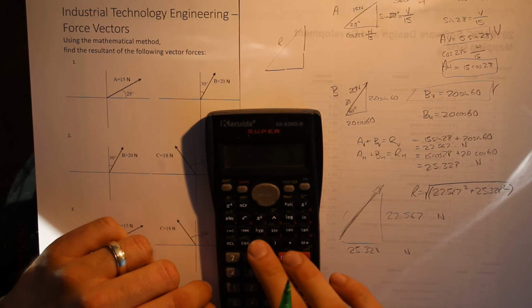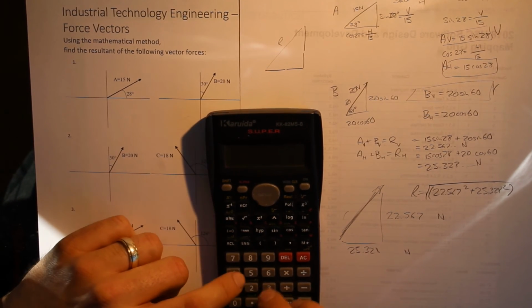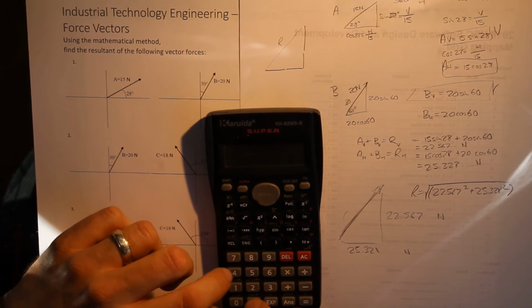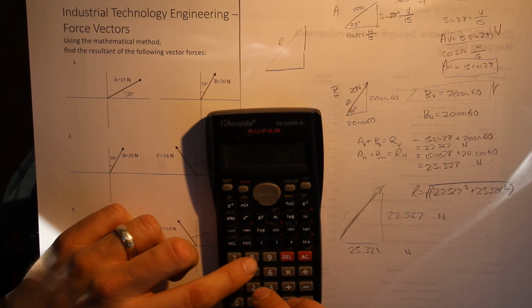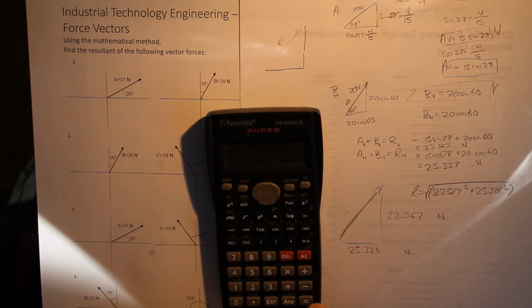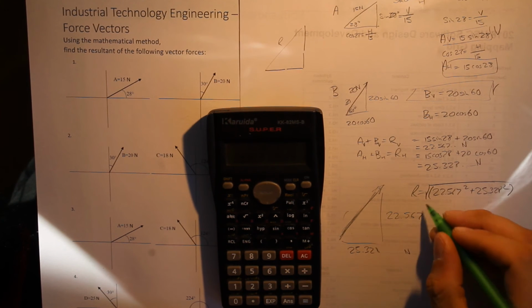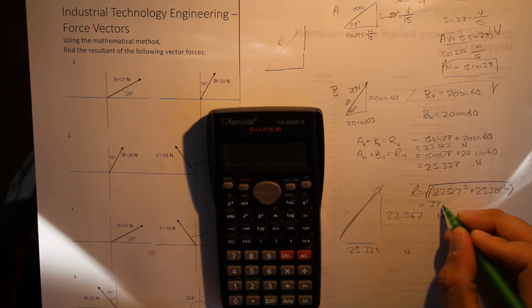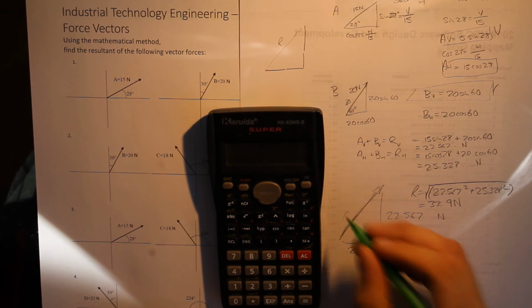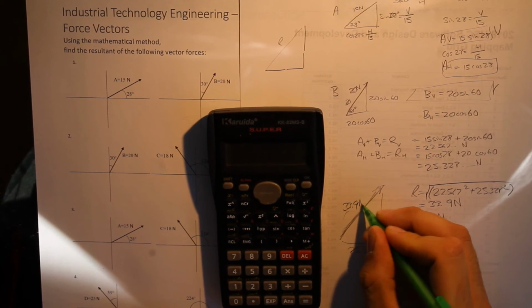So we'll go square root, open brackets, 22.567 squared plus 25.328 squared, close the brackets, hit equals, and I get a resultant of 33.9 newtons. So that's 33.9 newtons.